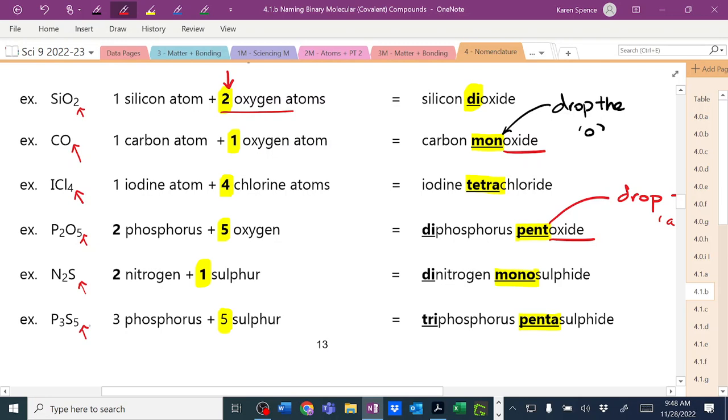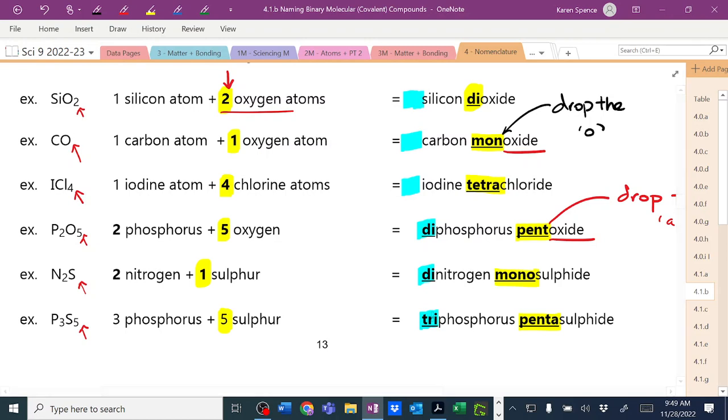Did you notice anything a little bit different about the first element and how we name it? Take a look at the first part of the name. We don't put mono when it's on the first word. Okay? Do we put it on the second word? Yes. Do we leave off di and tri and tetra and all the others on the first word?